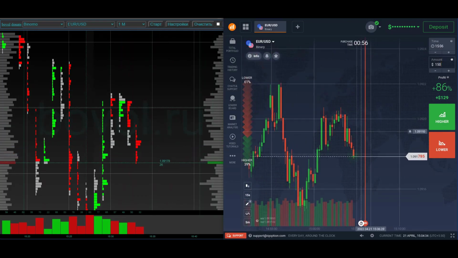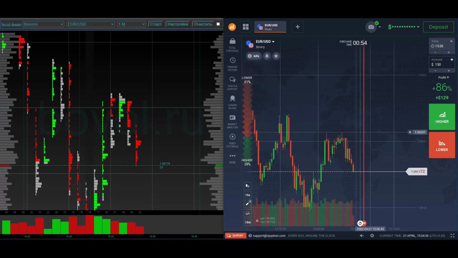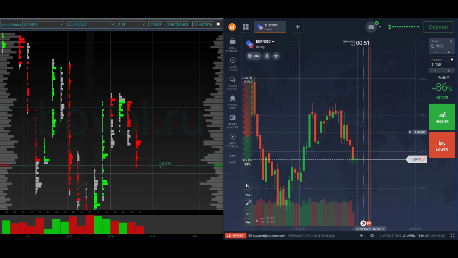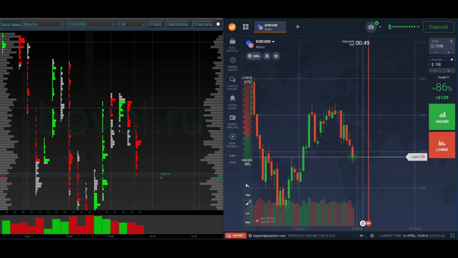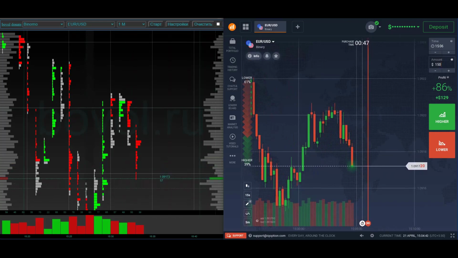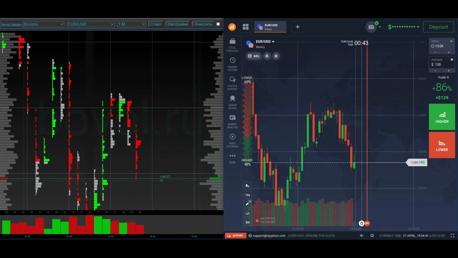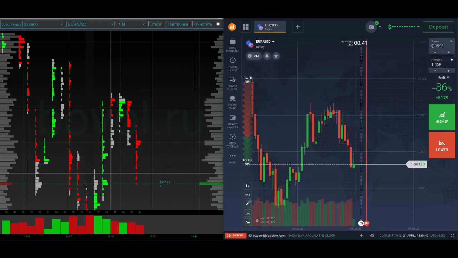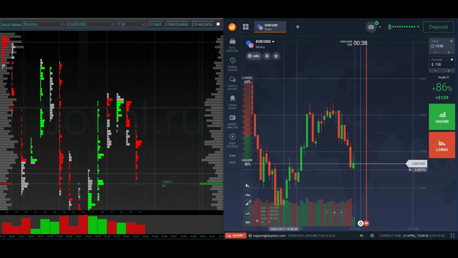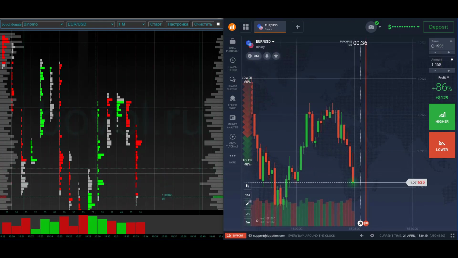so the market is going down. You can see the market is going down, and here I have situated support levels. So sellers are getting weak here.